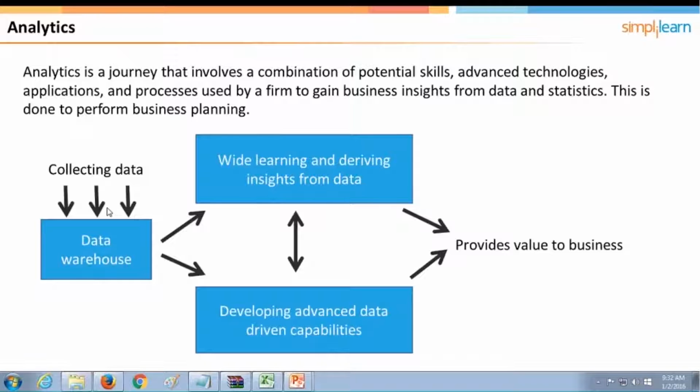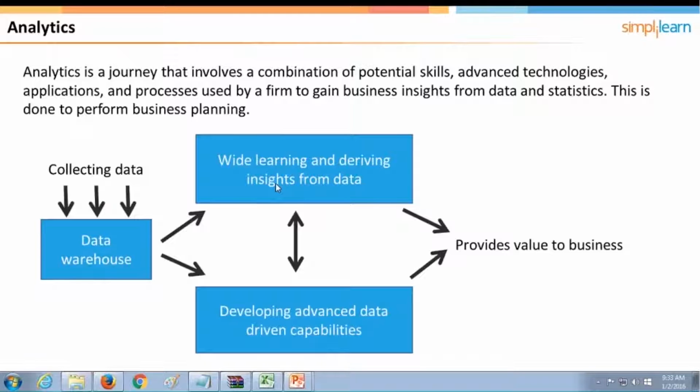You need a clear-cut understanding of your complete data. That's where you'll apply statistical algorithms or machine learning algorithms to know what your data is and what it is telling, because every data has a hidden story. As a data scientist, you should try to derive the story behind the data.